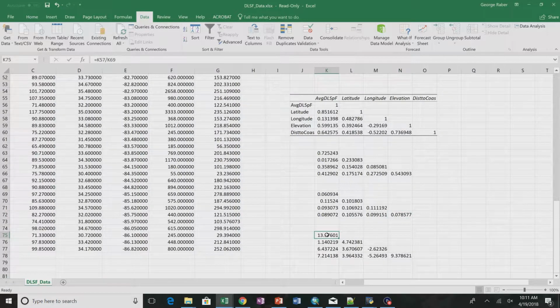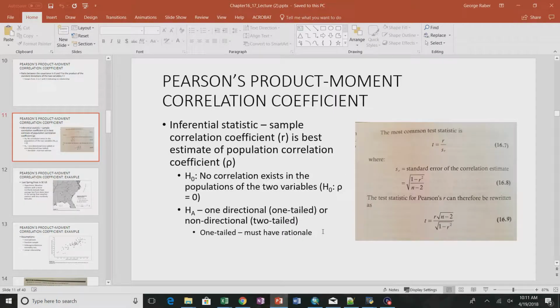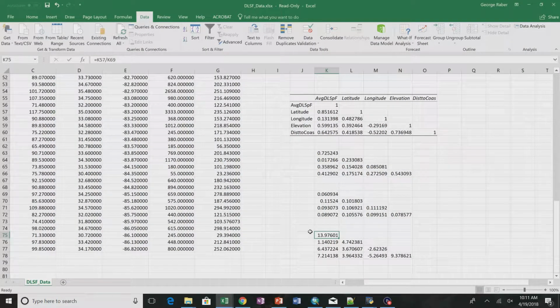Since the p-value is small, we're definitely going to reject the null hypothesis and say that there is a correlation in the real population.